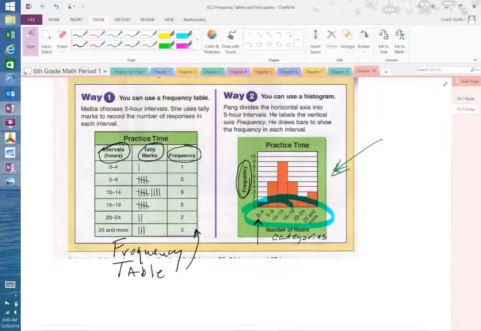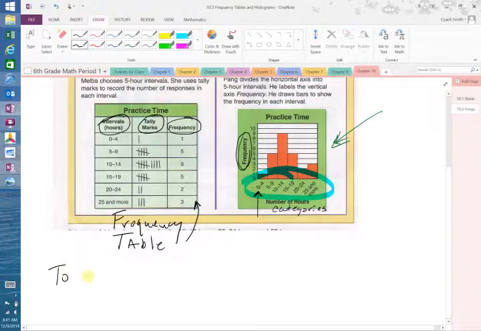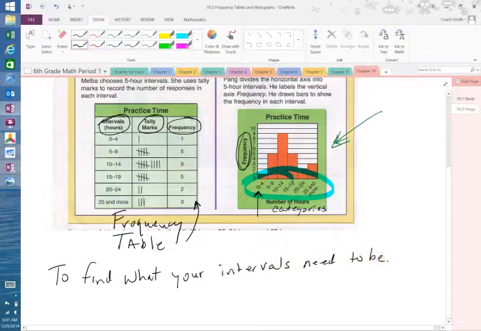All right, now, this is a frequency table, and realistically, a frequency table is what you need to have for a histogram. Now, the hardest part of a frequency table and a histogram is to find out what your intervals need to be.